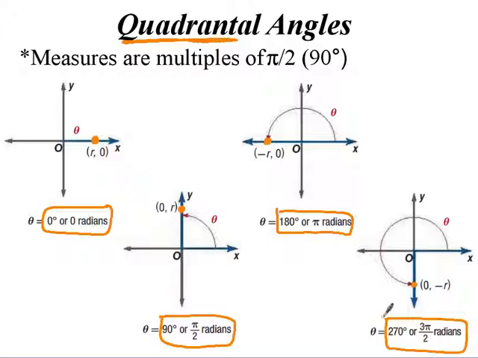You need to file those away to memory. 0 and 0, 90 and pi over 2, 180 and pi, 270 and 3 pi over 2. Each 90 degrees is what fraction of pi? A half, right? So pretty much you go 0, 1/2, 1, 1 1/2. That's what 3 pi over 2 is. It's 1 1/2 pi.